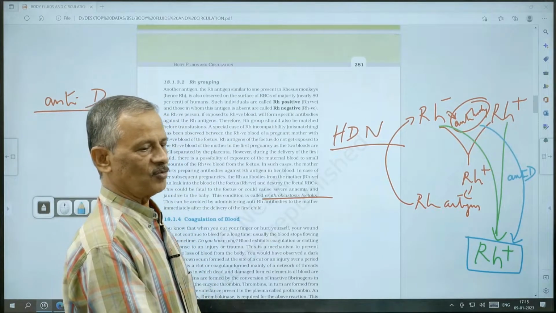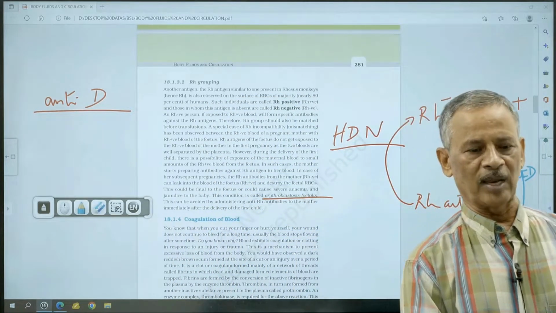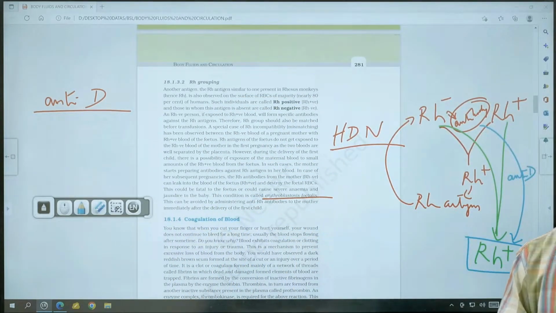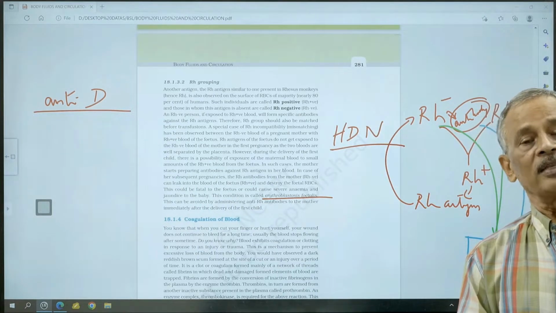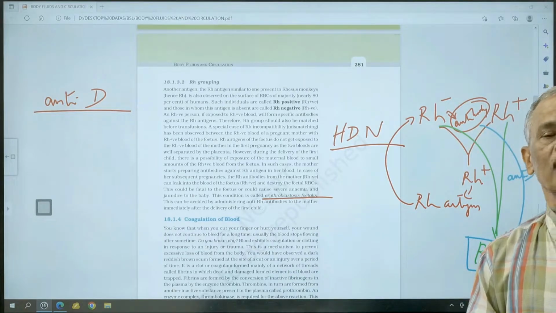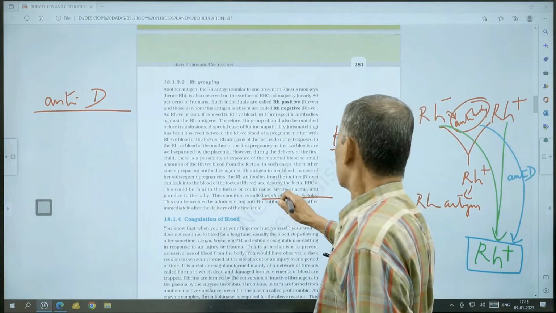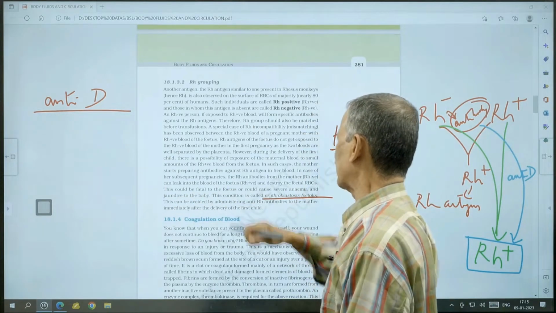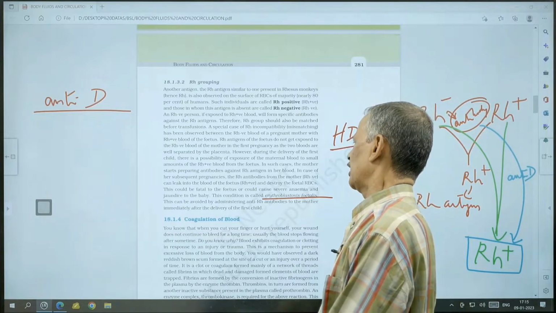So RBCs will be coagulated, resulting in jaundice-like symptoms. Sometimes that may lead to stillbirth. Stillbirth, stunted growth, etc. will be characteristic. Severe anemia and jaundice-like situation is called erythroblastosis fetalis.